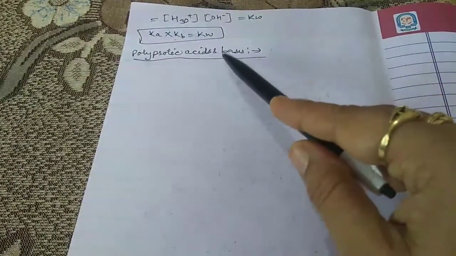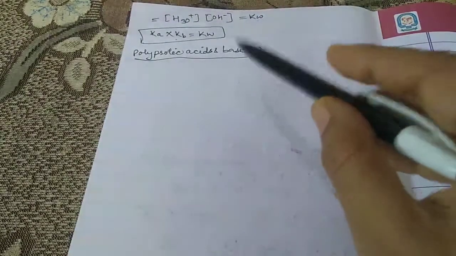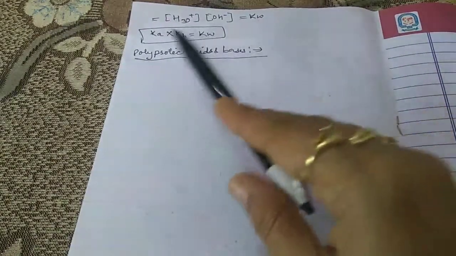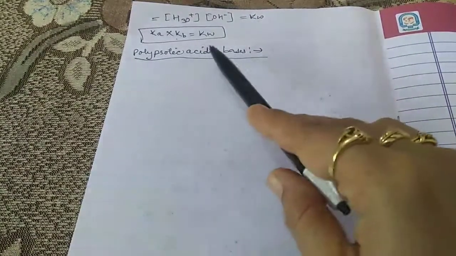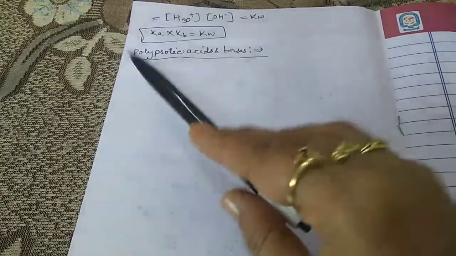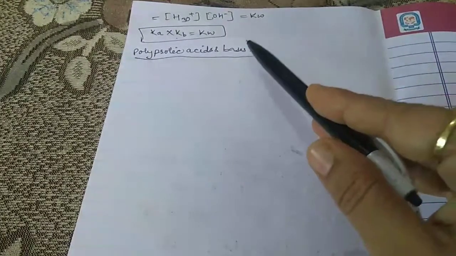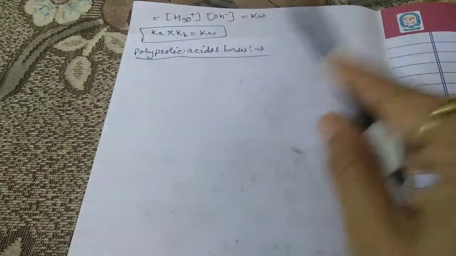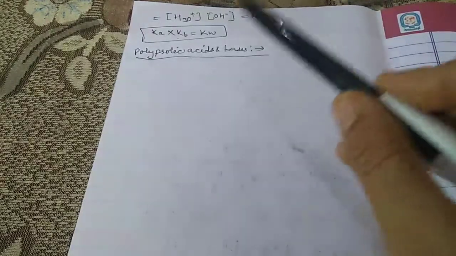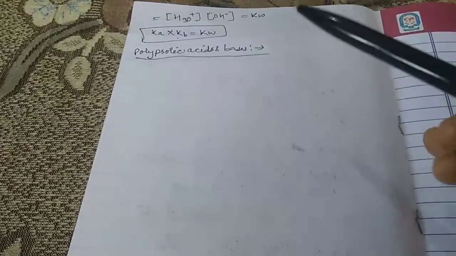Bronsted acids which can donate more than one proton are called polyprotic acids or polybasic acids. Examples of such acids are oxalic acid and sulfuric acid, because they have two ionizable protons per molecule of the acid which can be donated.